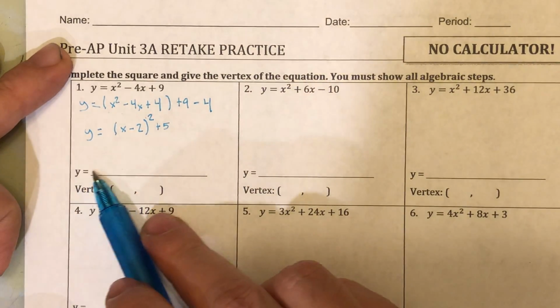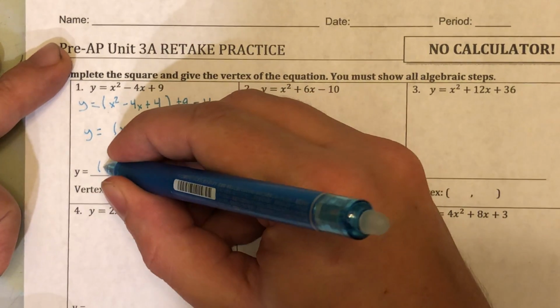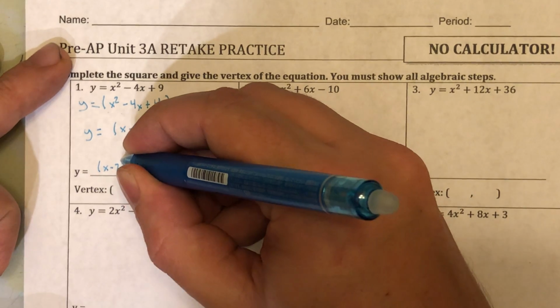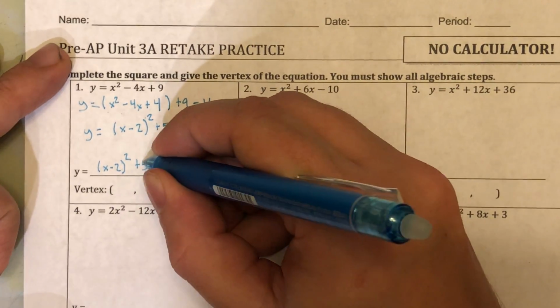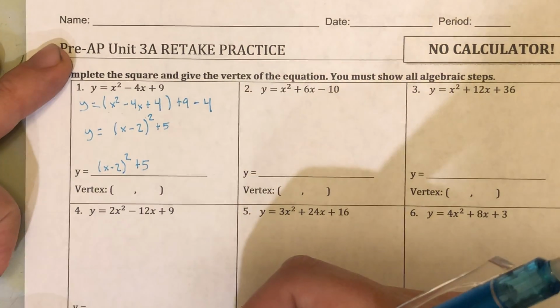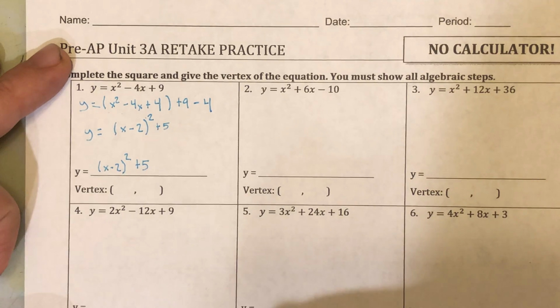And that is going to be my equation in vertex form. So it already has the y equals x minus 2 squared plus 5. My vertex is at the hk value.